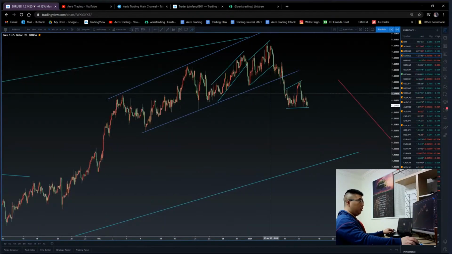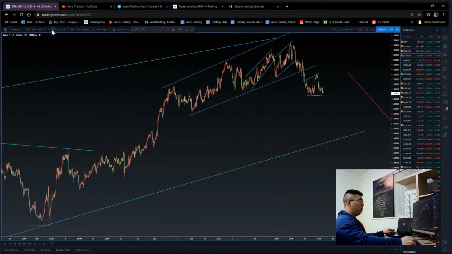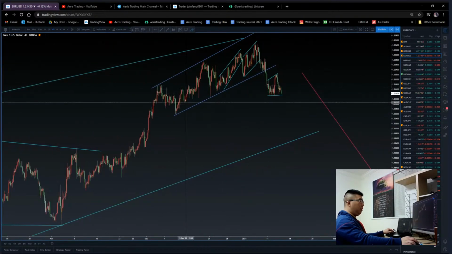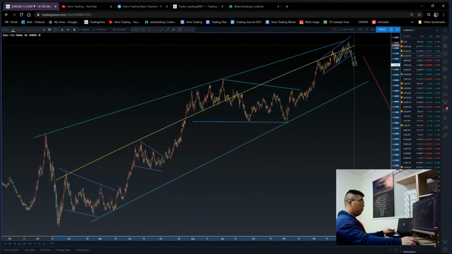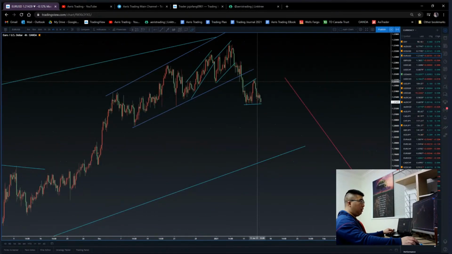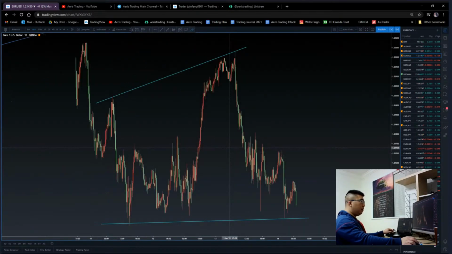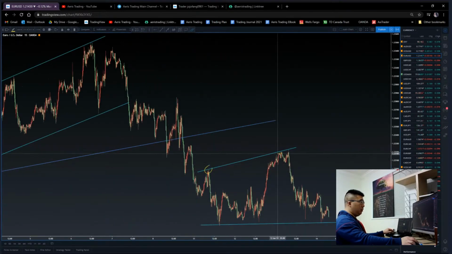Euro dollar is also looking really clean. I've talked about euro dollar for a couple of weeks now. Once we see price break out of this ascending channel and the overall higher time frame structure, certainly looking for any continuation would be nice. I think this is certainly a continuation. We have a tendency of a structure, a few swing highs and a few swing lows, and the price is pretty much at this area where it's breaking out now.